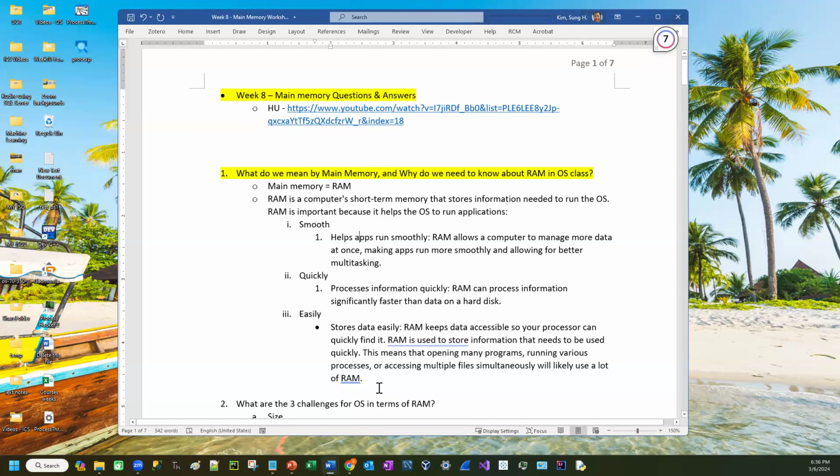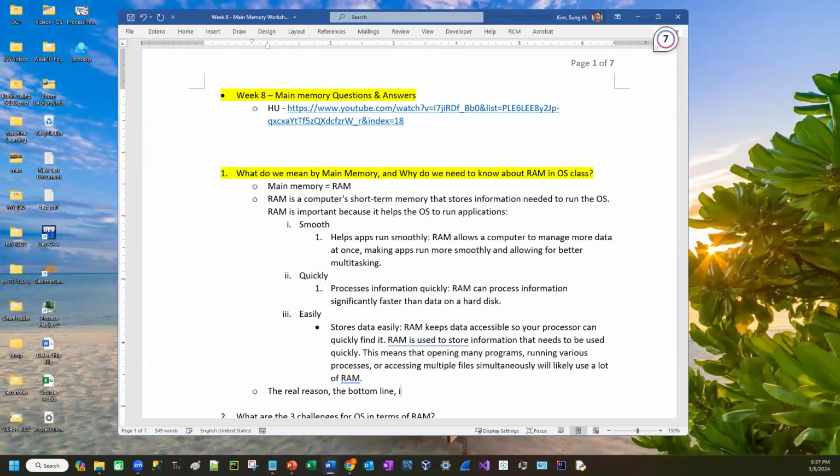But I think the real reason, as I alluded to here, or the bottom line, is that we want to run many more applications than feasible.